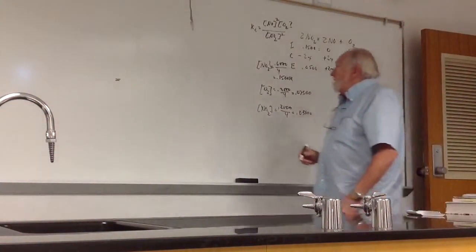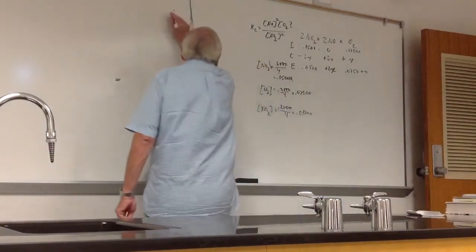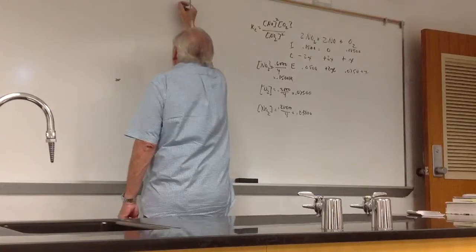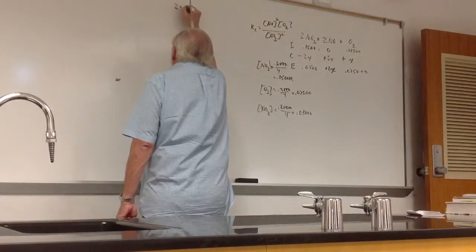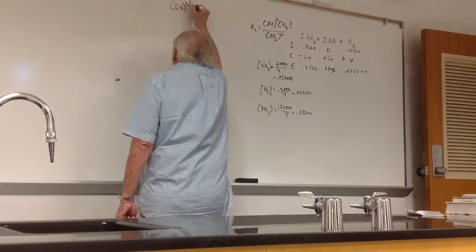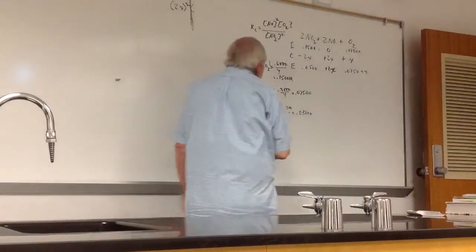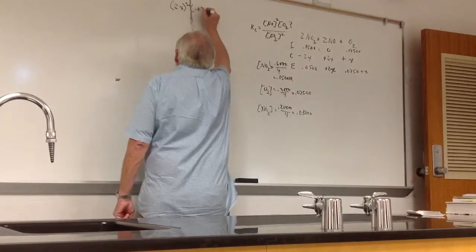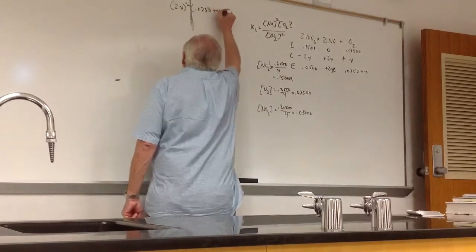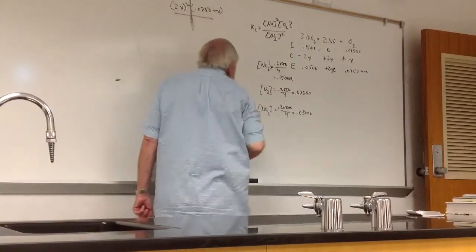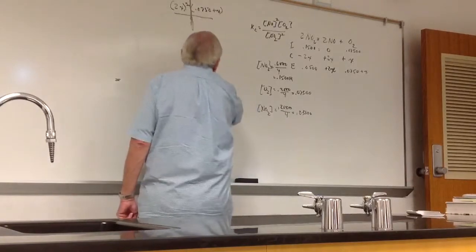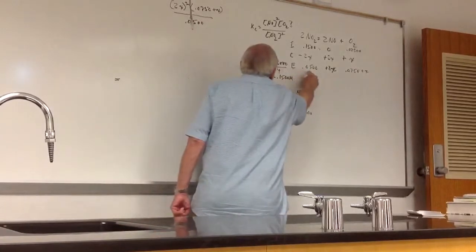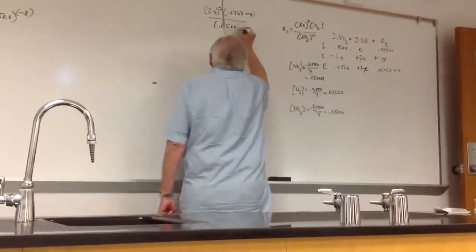So basically, here's the equation I'm looking at. NO is 2x squared. O2, looking over here, 0.075 plus x, because that's the number here, squared.